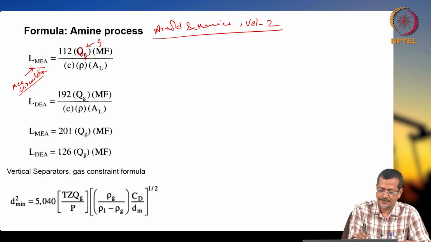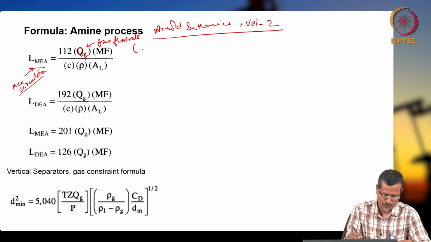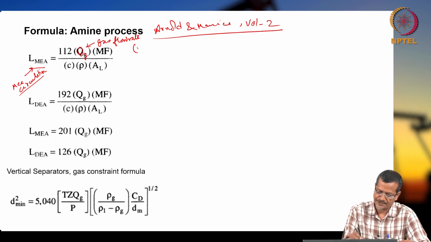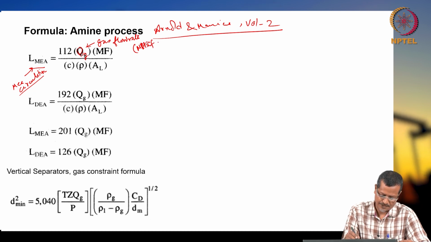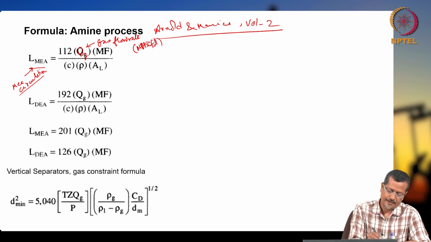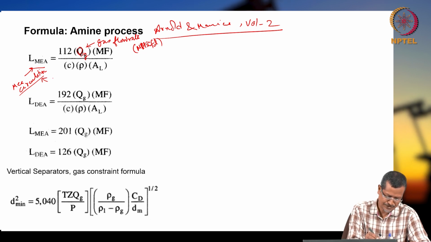Qg is the gas flow rate, and the unit for Qg is MMSCFD, per day. The MEA circulation rate is in GPM, okay.